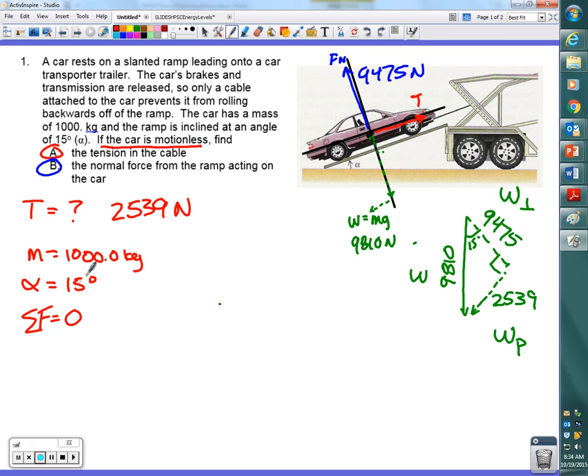Technically, if we wanted to do this, we would know that the net force on the x-axis has to equal 0, and here we would have to make one of these positive and one of these negative to get us to 0. But when we're just figuring this out, let's just use arrows. We know those two have to be equal. Go from there.